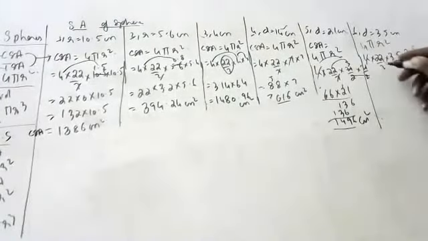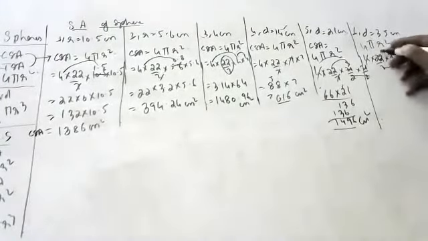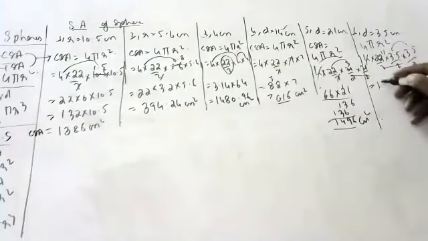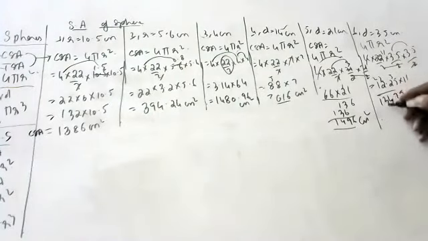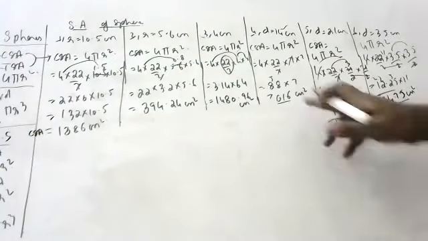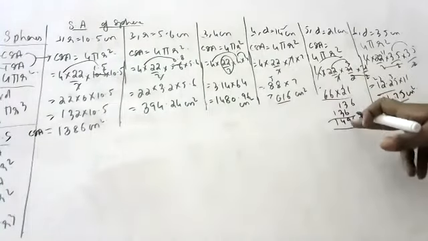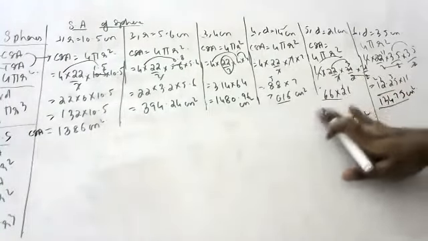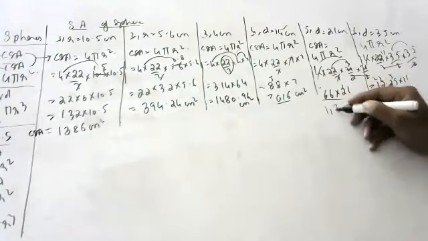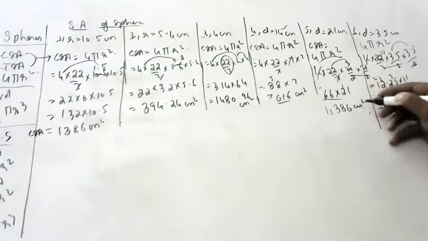So now the 4 cancels. 3.5 into 3.5 is 12.25, into 11 is 134.75 centimeters square. Sir, I think the fourth answer is 1386. Fifth one, sir, how much? 1386. Okay. Thank you.